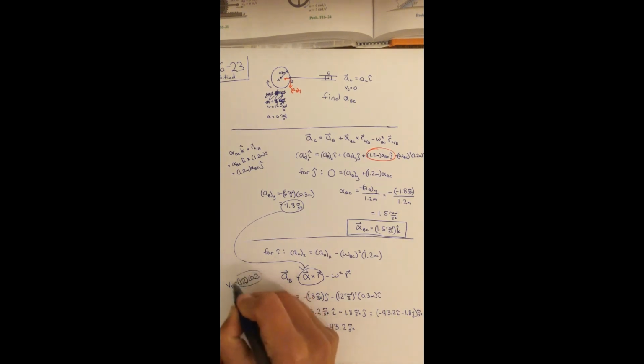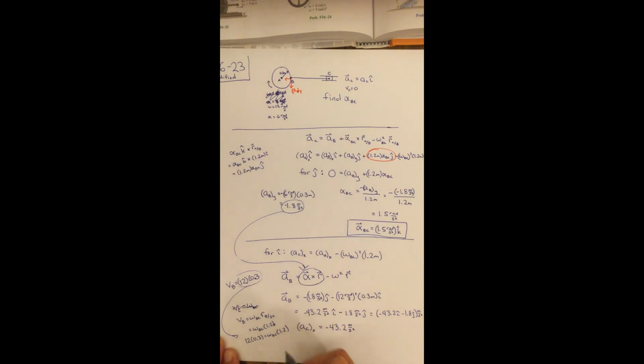This must be equal to what I have here. So 12 times 0.3 is equal to omega BC times 1.2. Therefore, the angular velocity that I have here is 3.